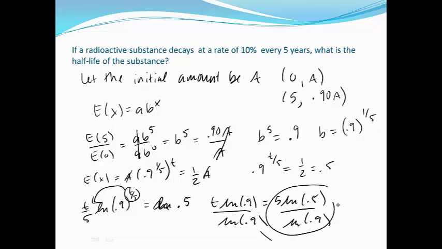So t is that amount, which when I plug that into my calculator is approximately 32.9 years. So the half-life of this radioactive substance is about 32.9 years. And that completes this lesson.